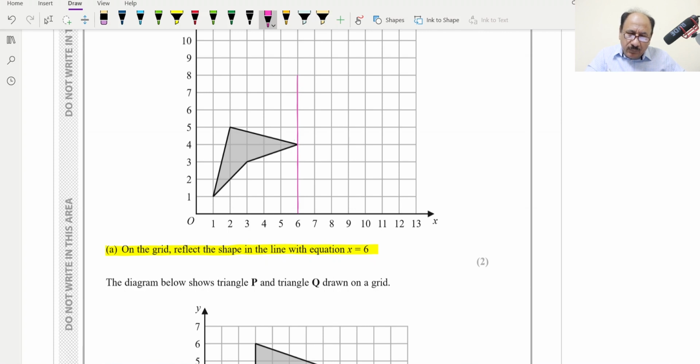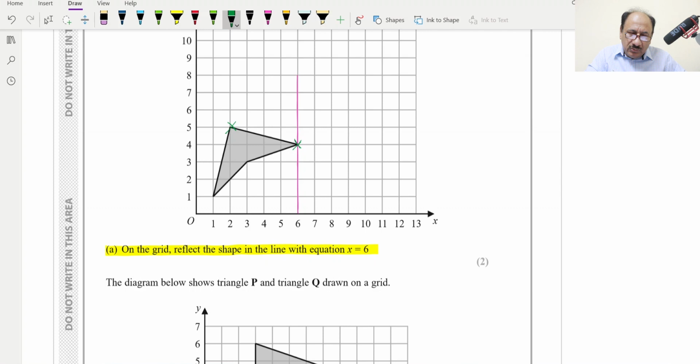So this point will remain at the same location, this one, because it is on the line, so it will not be moving. And now we can figure out this point will be transferred from the line.